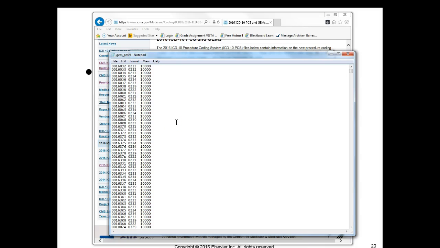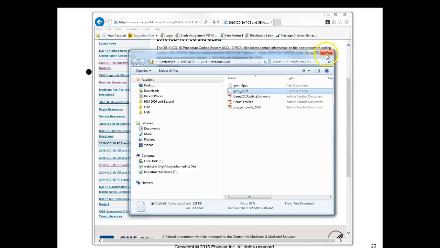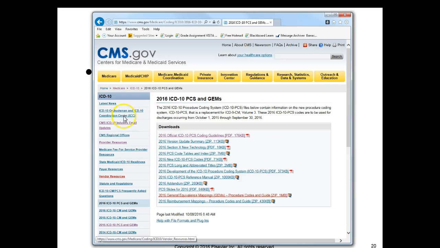And as we go down, we'll find the same. Consistently, we'll see the ICD-10 codes that all map to the same ICD-9 code because there's so much more specificity in ICD-10.